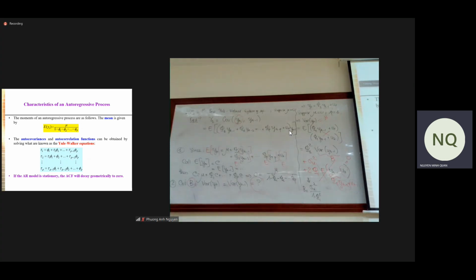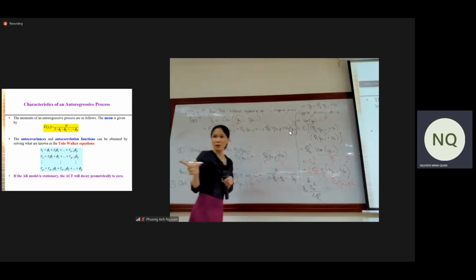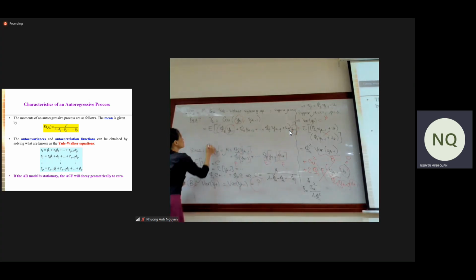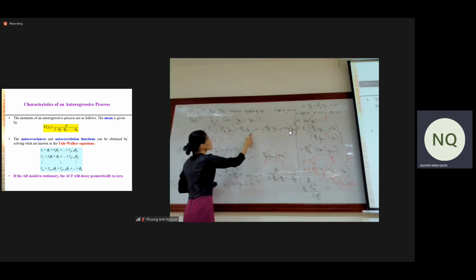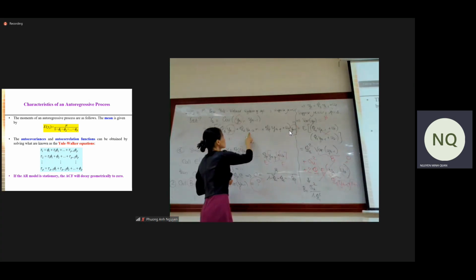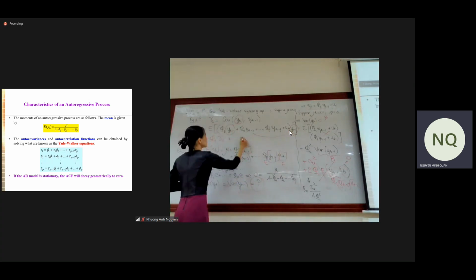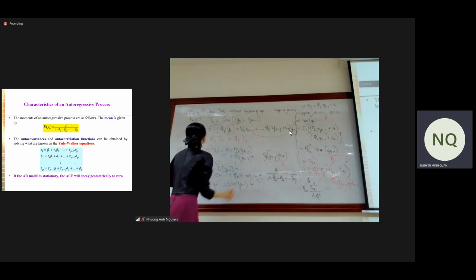Now one by one. Here, y_{t-1} with y_{t-1} gives the variance, which is gamma 0, so I get phi_1 gamma 0. Next, y_{t-2} and y_{t-1} give gamma 1, with coefficient phi_2.